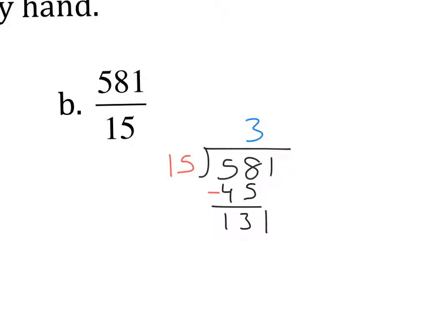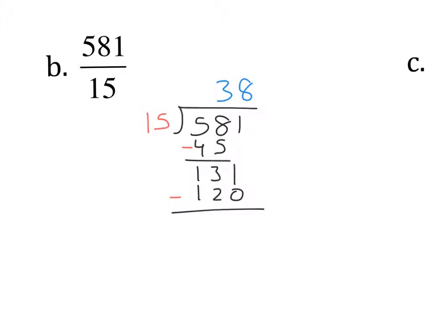Bring down the 1. Now how many 15s fit inside of a 131? And the answer, the closest, is 8. And when I do that, I get 120 when I multiply out. Algorithm subtracts, and now I get 11. And now we actually can stop here because we're not going to be dealing with the decimals. So my final result here is 38 remainder 11.